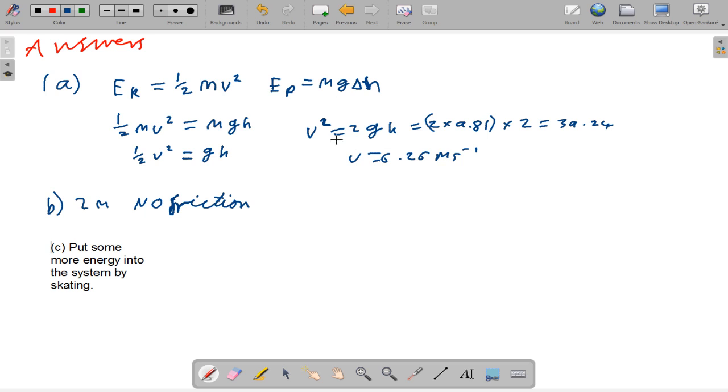We can then use v squared equals 2gh from the previous example. 2 times 9.81, all in brackets, times 2 equals 39.24. So then square rooting 39.24 equals 6.26 m/s.